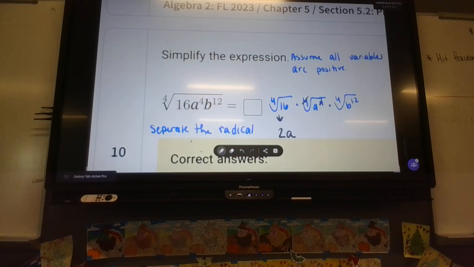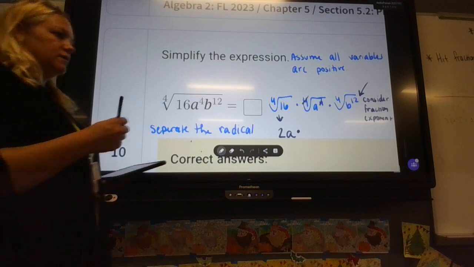The 4 and the 4 cancel out. And then for this one, there's a lot of different ways to think about it. When the exponent is higher than the index, maybe consider a fraction exponent.